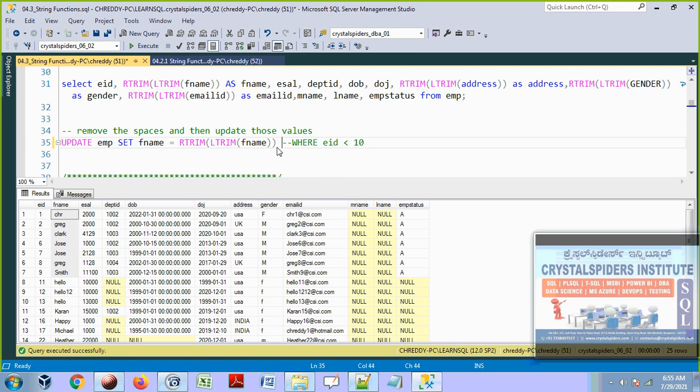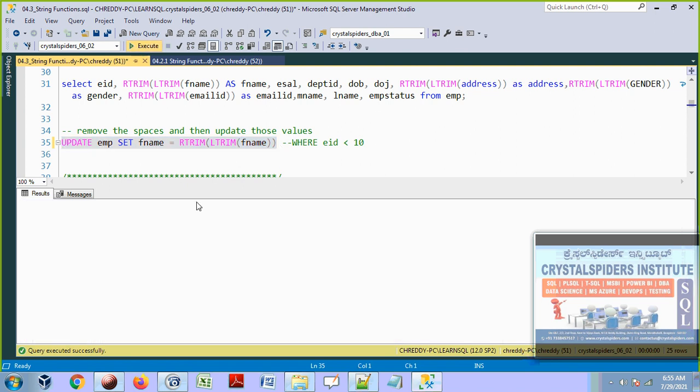So for all the employees whose F name contains spaces before and after, truncate those spaces and update those values. This is the way we can do that. I updated all the employee names, the same employee names, but removing the space characters before and after. Remove the space characters and then update that value.